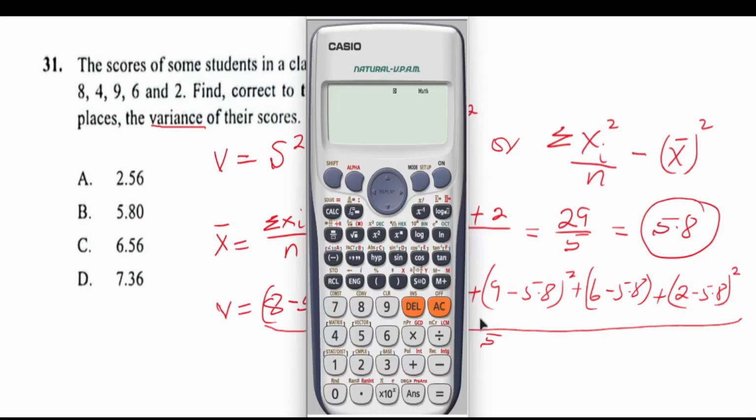So I have my calculator, and I'll first start by putting the fraction sign, and then I put all the numerators. It's very important to put it in parentheses.